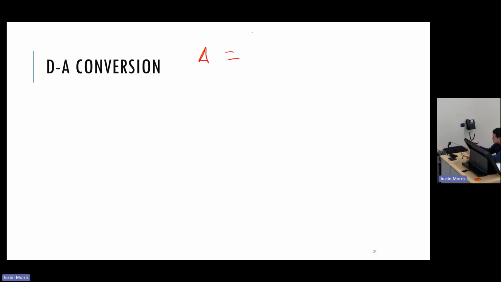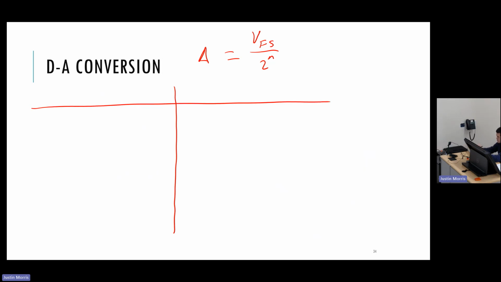So delta is the full scale, and remember, full scale is again the maximum, divided by 2 to the n, where n is the number of bits. So if we want to create a table of how this would be in terms of inputs and outputs, this is digital values, and then we want analog as output.